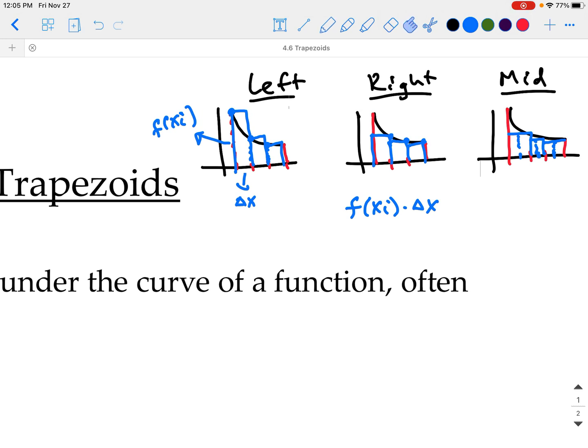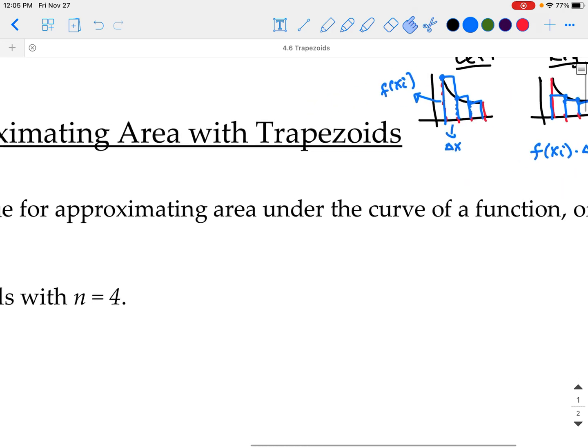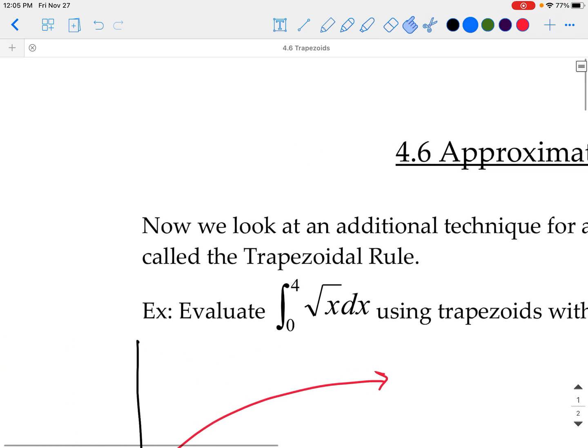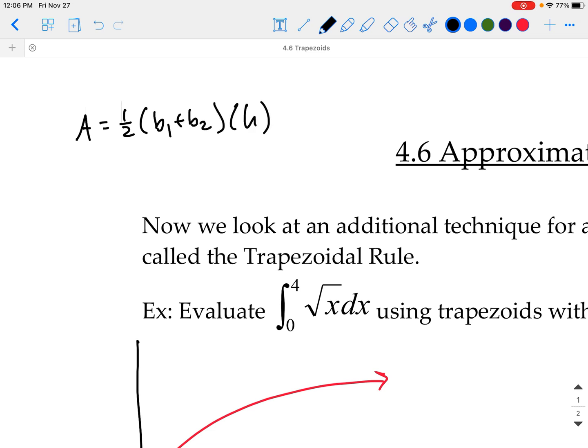So what we're going to look at today is building our approximation with, instead of rectangles, trapezoids. So let's just recall that the area of a trapezoid is going to be represented by 1/2 base 1 plus base 2 times the height, or you can think of it as the average of the two bases, so (b1 plus b2) over 2 sometimes.